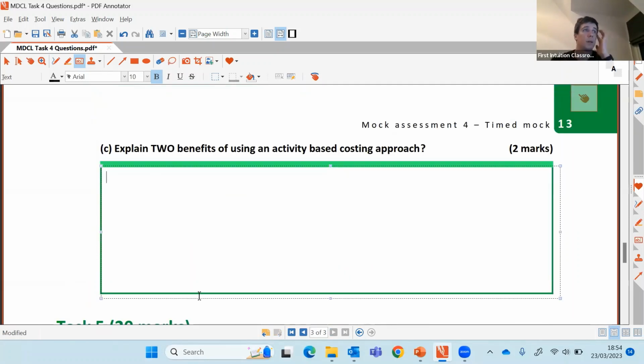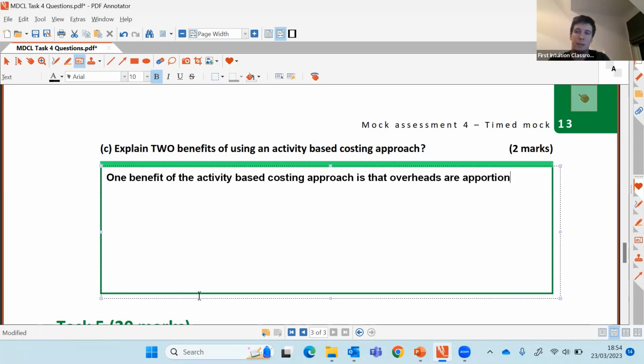Okay, so I could build on Lucy's point to start with, and one benefit of the activity-based costing approach is that overheads are apportionable fairly, as you've rightly said.